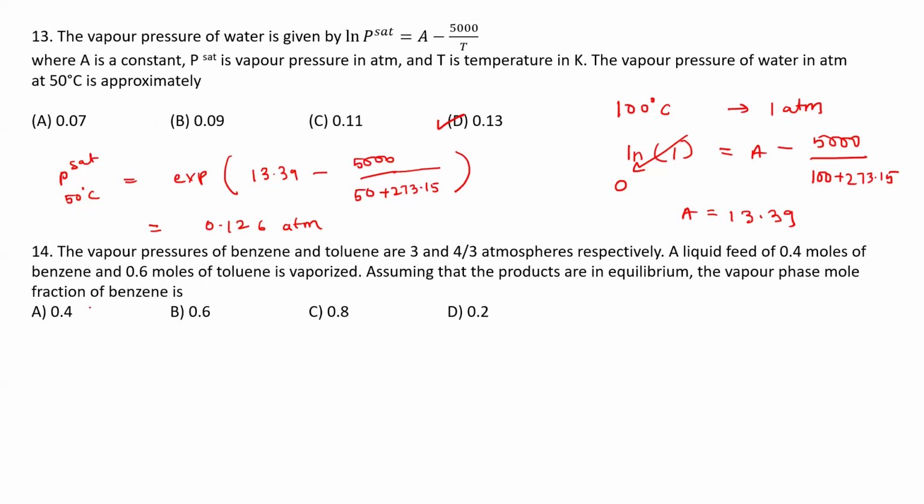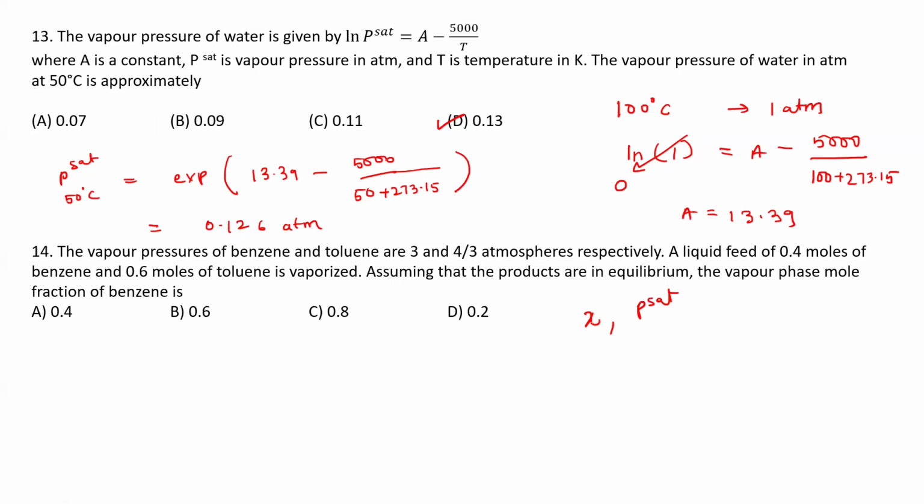Next, the vapor pressures of benzene and toluene are 3 and 4/3 atmospheres respectively. A liquid feed of 0.4 moles of benzene. So X is known here. Psat is given, and the temperature is known.